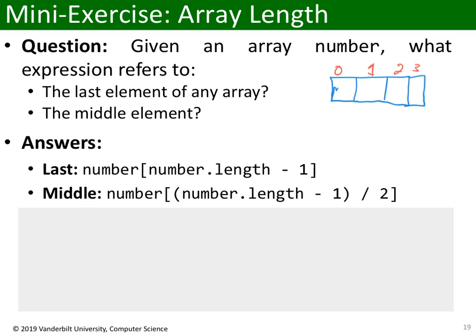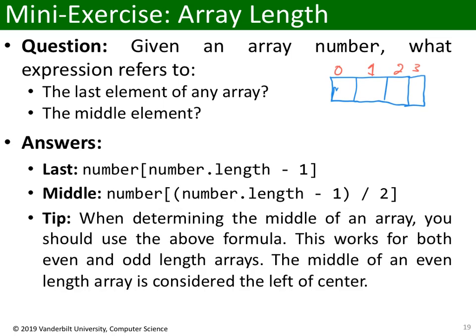So 1.5 becomes 1. So this would be our center element. So anytime you want to find the center element of an array, you should use this formula. As we have shown, the formula works for both odd and even length arrays. And if there is an even number of elements, then the middle is considered to be left of center.